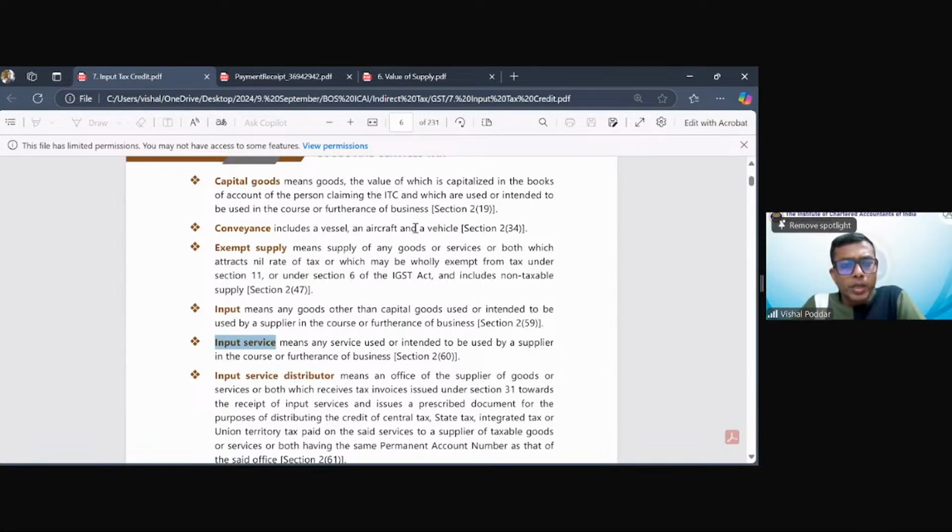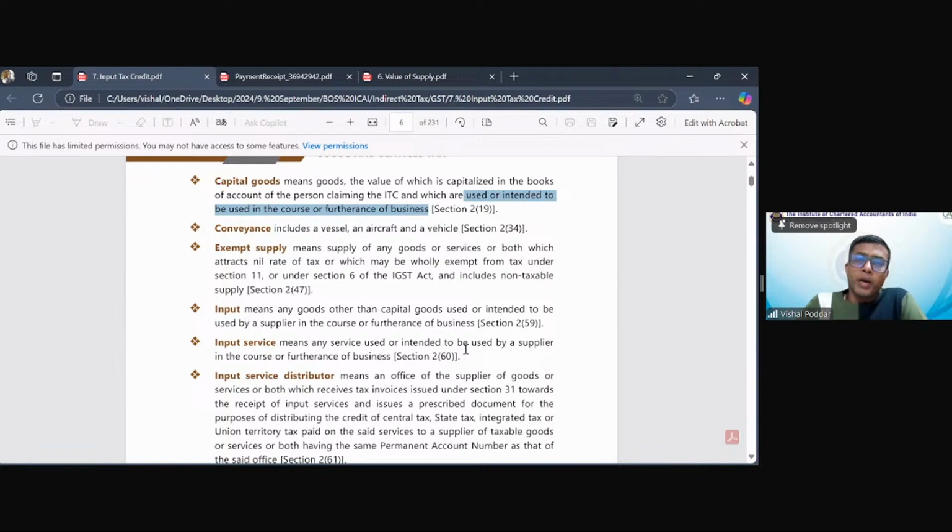Understood, sir. Okay. Now, see, the point is, when we are talking about this concept of capital goods and input service, this particular point is very relevant. When I buy something which is a personal item for me, a personal expenditure, many times you'll see that nowadays people have got into the habit of giving their GST number everywhere.